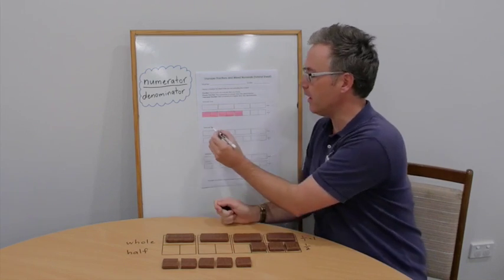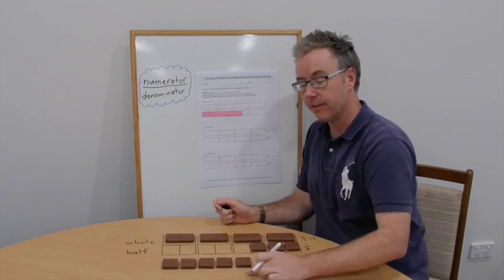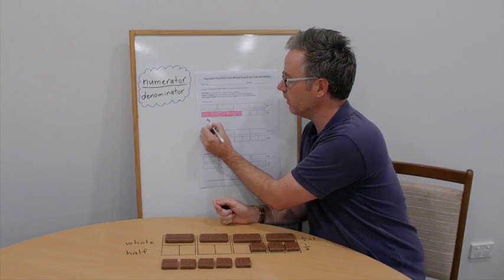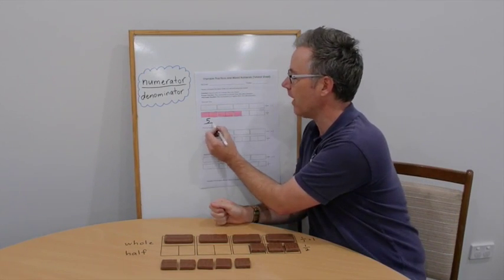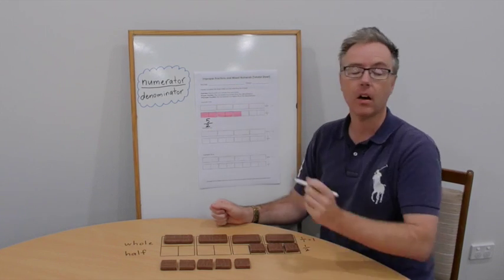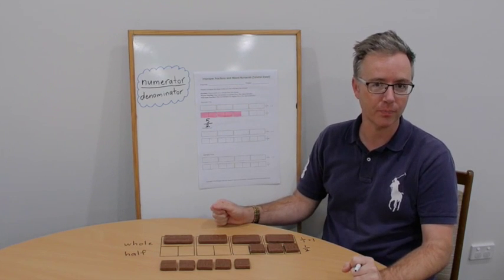And you can see there we have 5 halves highlighted. Would you please write in the space underneath, I have 5 halves. And of course, a half is when the whole is cut into 2.